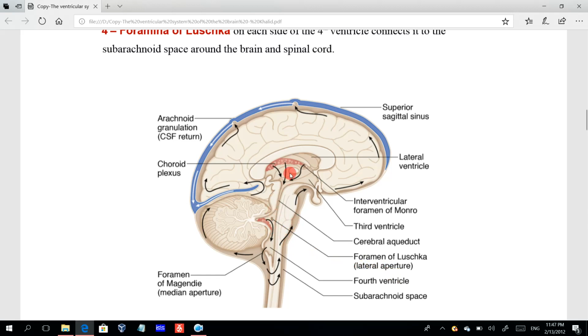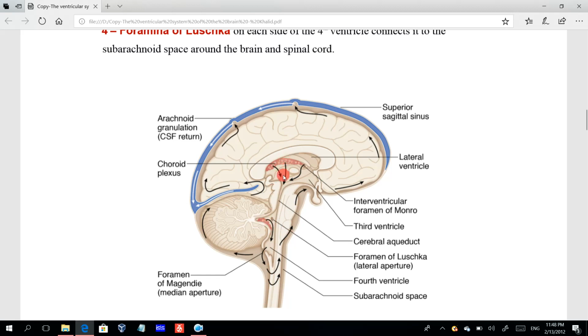So the CSF produced in the lateral, third and fourth ventricles will pass to the central canal of the spinal cord and also through the foramen of Luschka to the subarachnoid space. You see, these arrows give you the direction of the CSF. It is produced from the choroid plexus, this is the choroid plexus and this is the choroid plexus.